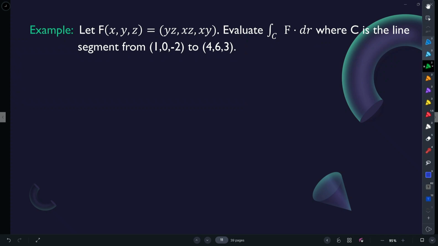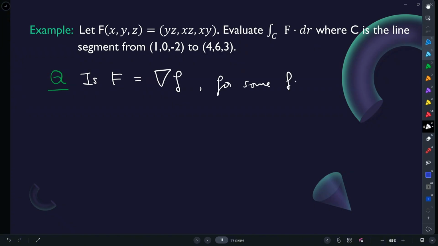So the question here is, is F equal to a gradient for some f? So how do we decide that?